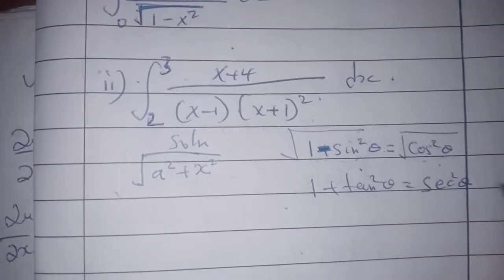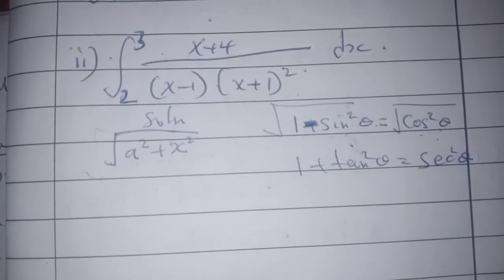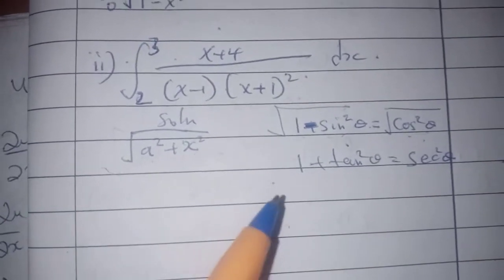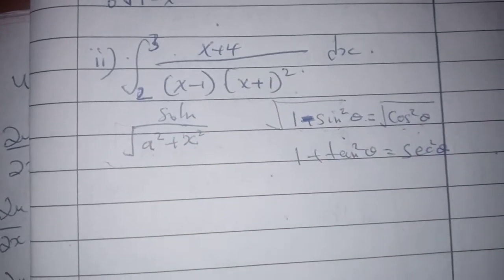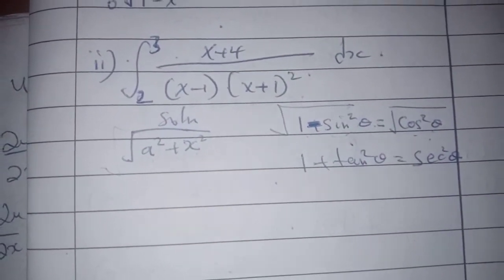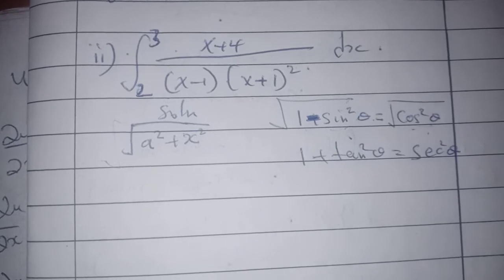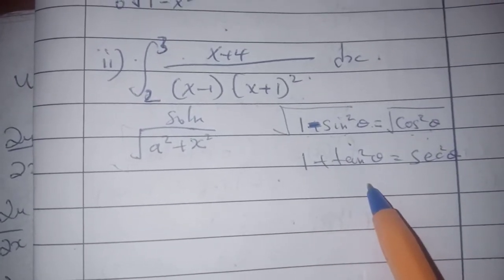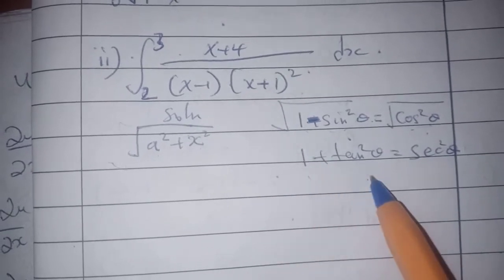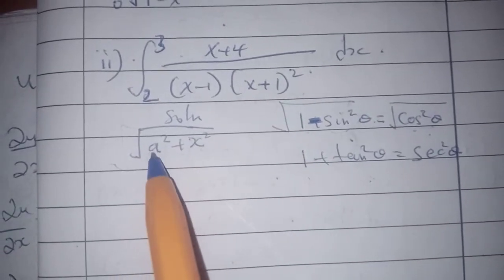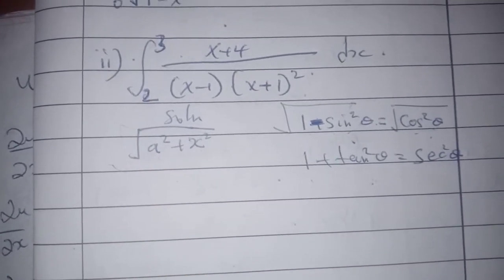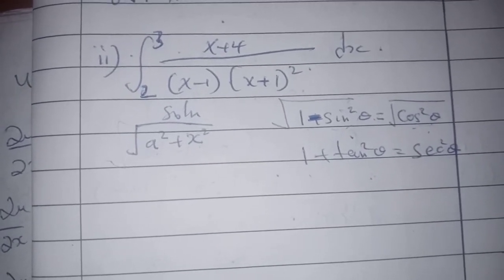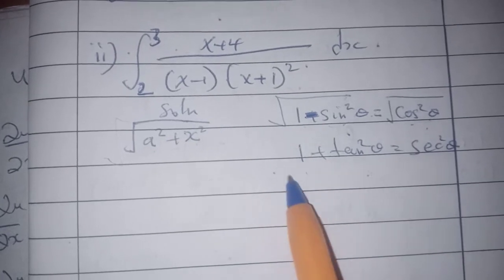So for you to use trigonometric substitution, first know these 2 trigonometric identities. Wherever you have addition of squares, for example a squared, where a is a number, and x squared, then it is advisable to apply this trigonometric identity.